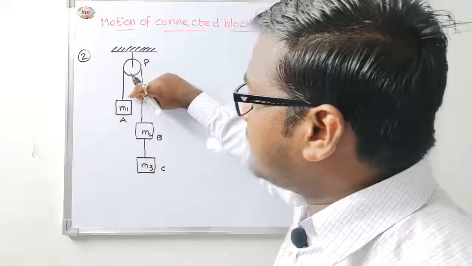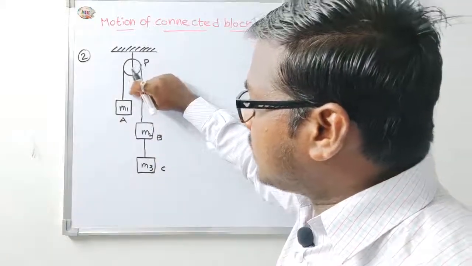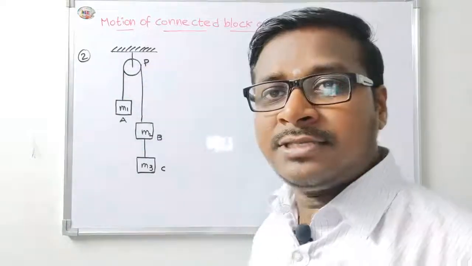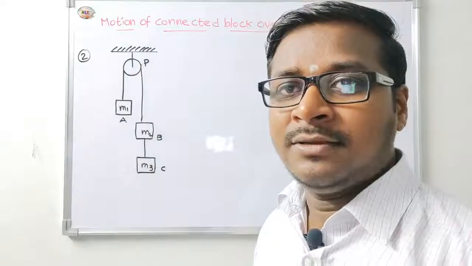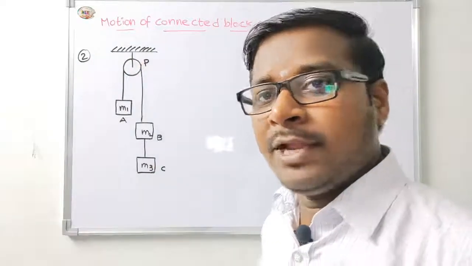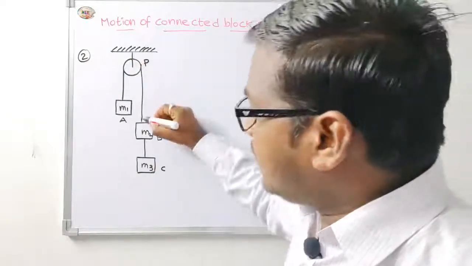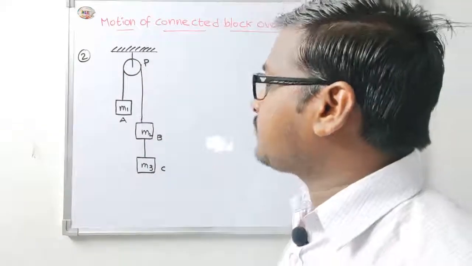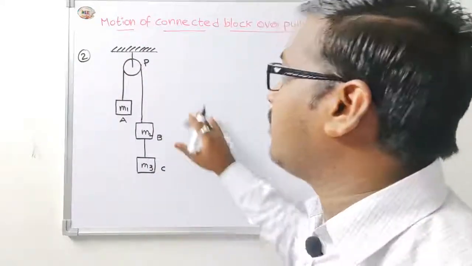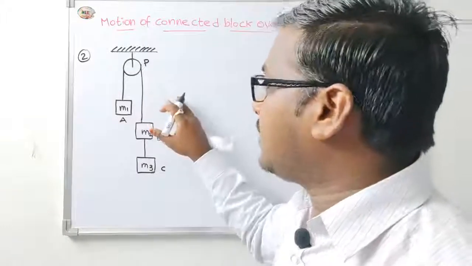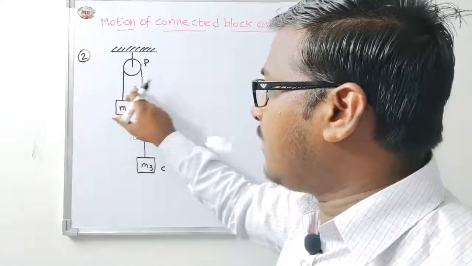These 3 blocks are connected through a string passing over a pulley. The string and the pulley are massless, and there is no friction between the pulley and the string. The tensional force is the same on both sides.